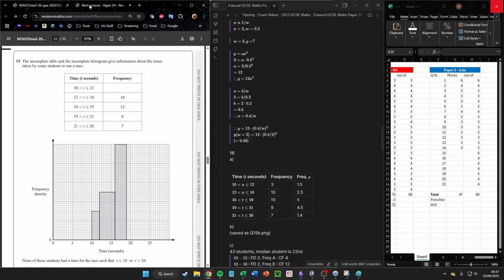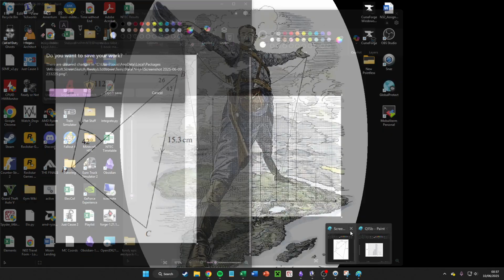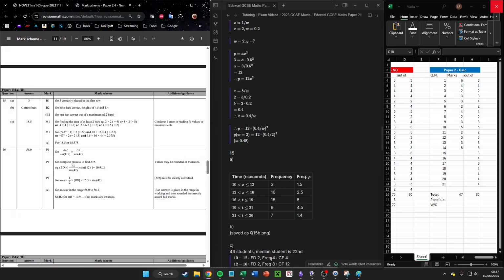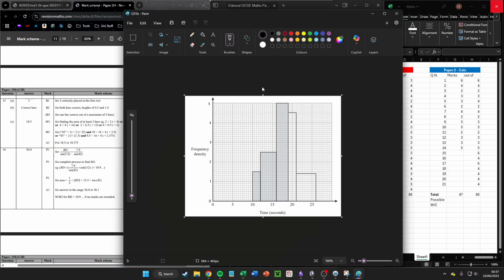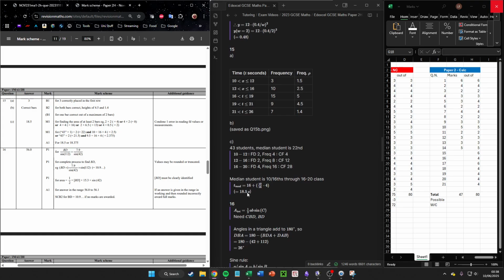I've also added the frequency density thing because for the second bit, correct bars, heights of 4.5 and 1.4. Where was that image? 4.5, yep, and 1.4. Yes, okay. That's just like an alternate mark there. And then 18.5. I did in fact get that for finding the area of at least 2 bars. I did do that. I gave it 3 bars.